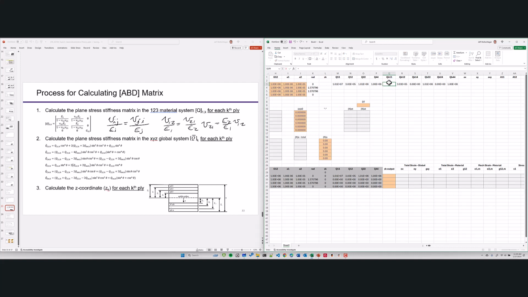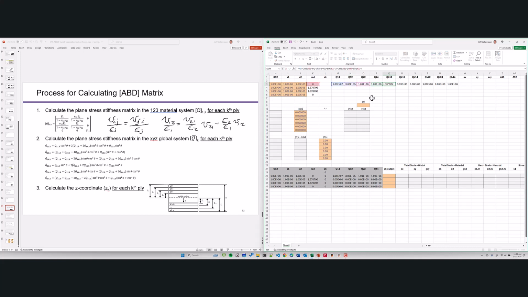And this equals, see if I can do this right, Q11 times the cosine of theta raised to the 4 plus 2 times Q12 plus 2 times Q44 times the sine of theta raised to the 2 times the cosine of theta raised to the 2 plus Q22 times the sine of theta raised to the 4. Okay. And I've got that equation put in.